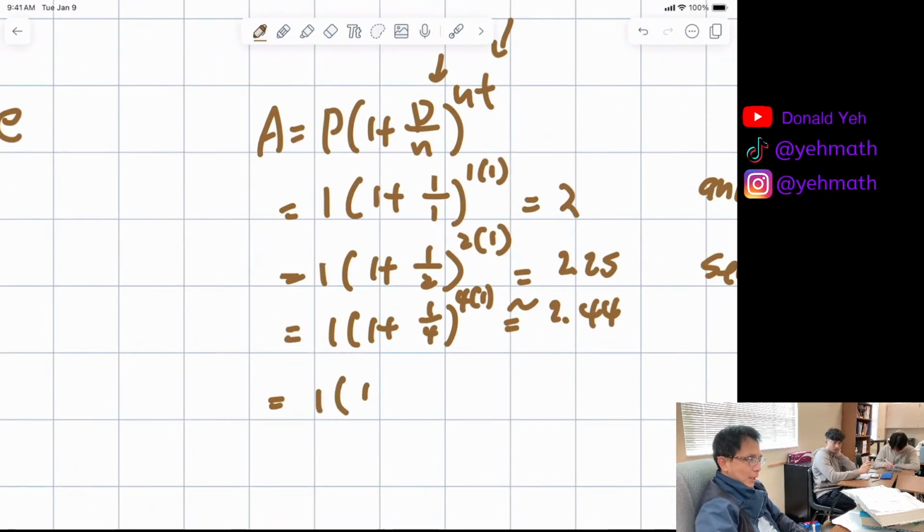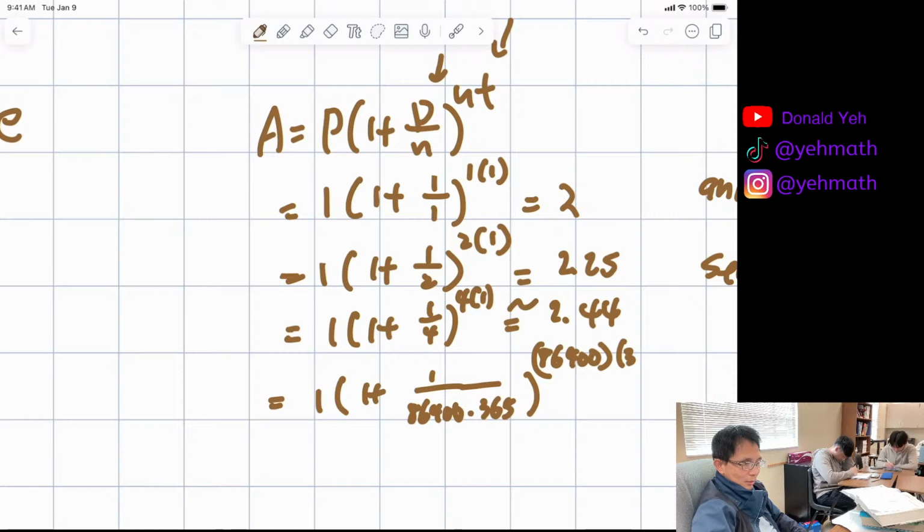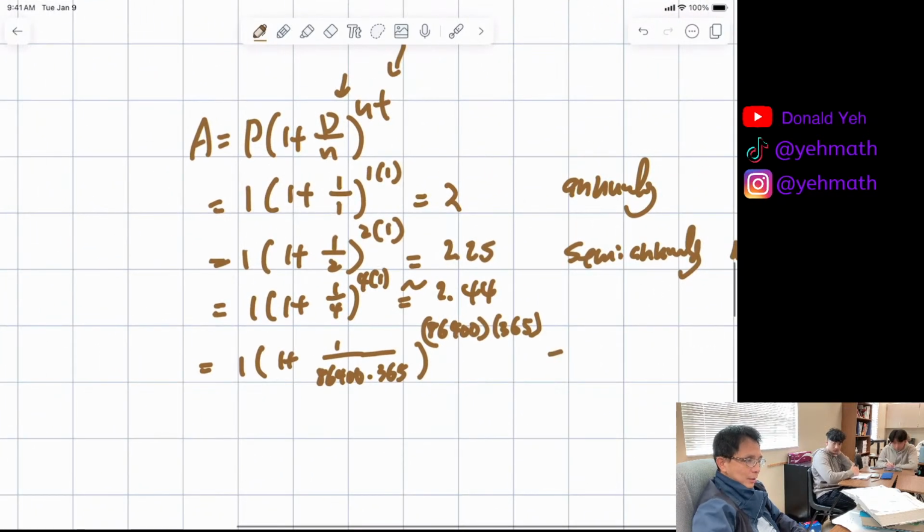If I compound every single second, it's gonna be 1 over 86,400, right? That's 60 times 60, 3600, times 24, times 365. You guys can tell me what the value is going to be.